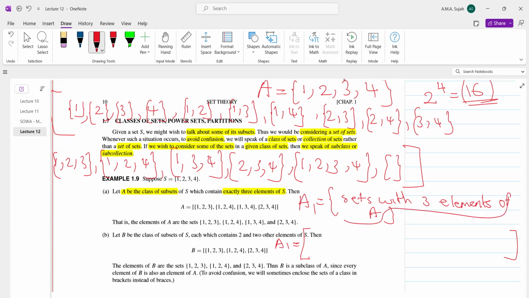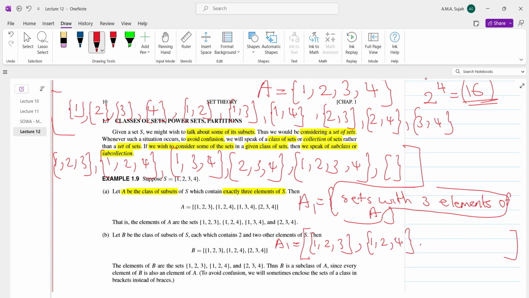This is the condition they are mentioning. For set A1, you need to create elements with 3 elements of A. So one element is {1, 2, 3}. Among 1, 2, 3, 4, you are considering only 3 elements, 1, 2, 3. This is one element of A1. Similarly, {1, 2, 4}: you omit 3 and take 1, 2, 4.